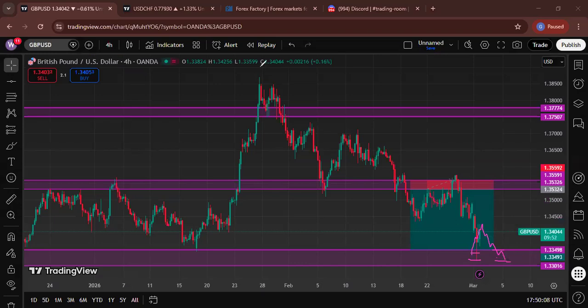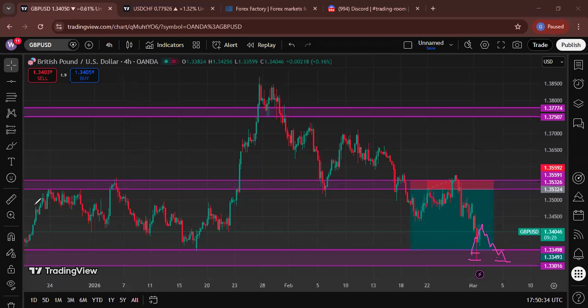Not really any form of bullish reversal, more of just reactions from this demand because of the current ongoing tensions, and it's causing the dollar to strengthen. So that's why we are seeing very strong drops in these pairs.